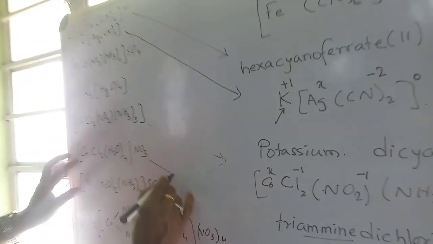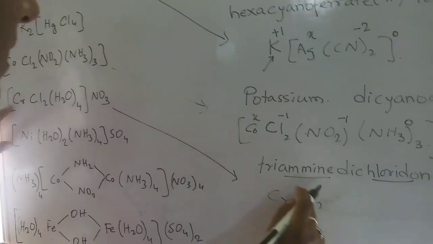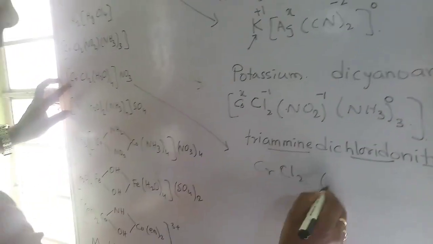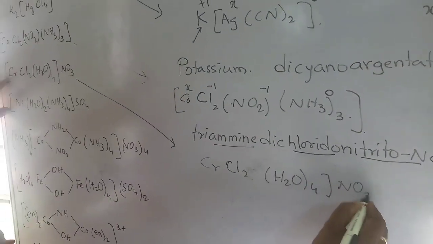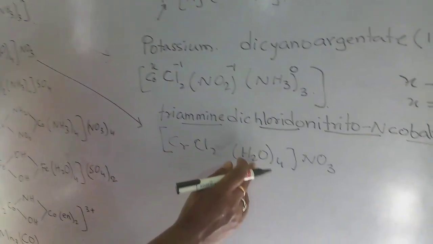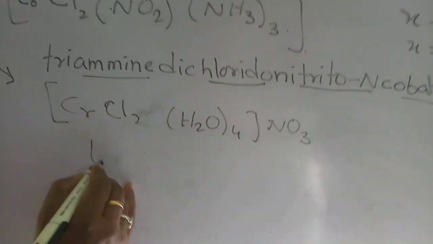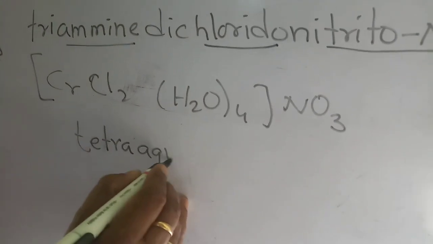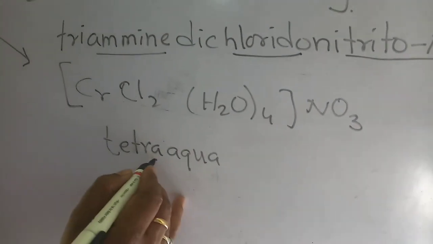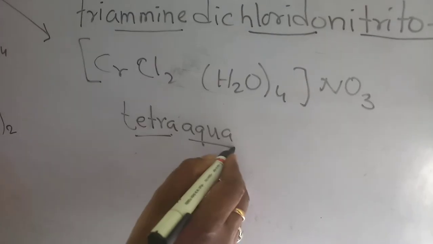If I take the compound [Cr(Cl)2(H2O)4]NO3, here we have tetraaqua, T-E-T-R-A, tetra, aqua, A-Q-U-A. Be sure that you write A for tetra and A for aqua.